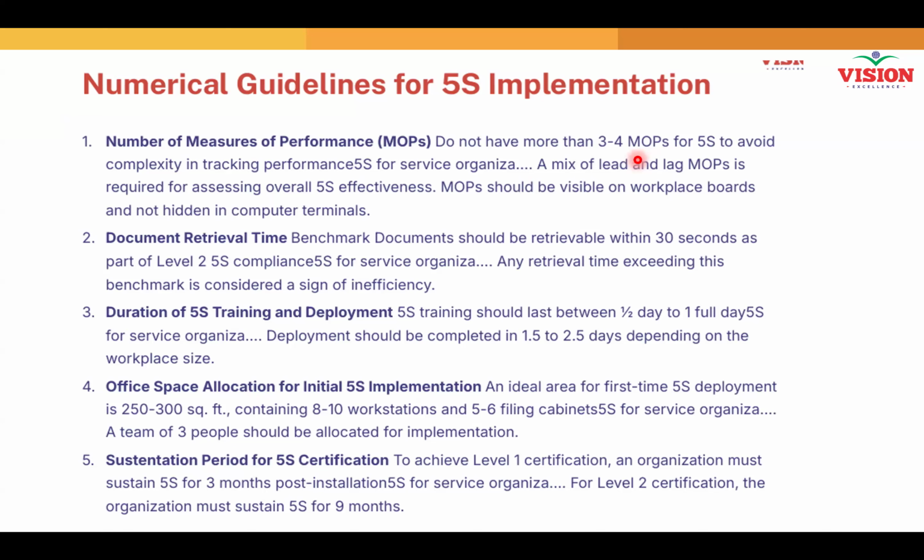When we say KPIs are important, at the same time too many measures will also complicate things. It is always a good idea to limit our priorities and KPIs to 3 or 4, not too many. And similarly, document retrieval time, as I already mentioned, you should initially target for retrieving, whether it is information or an item, within less than 30 seconds.